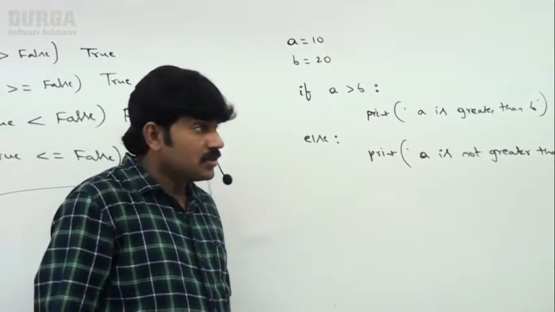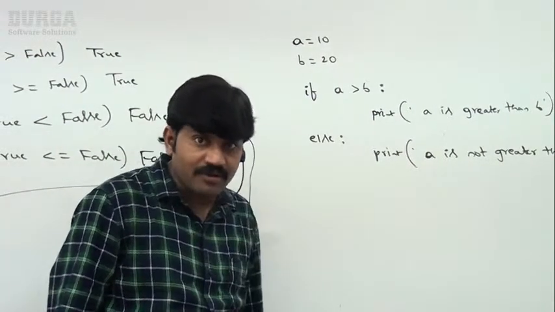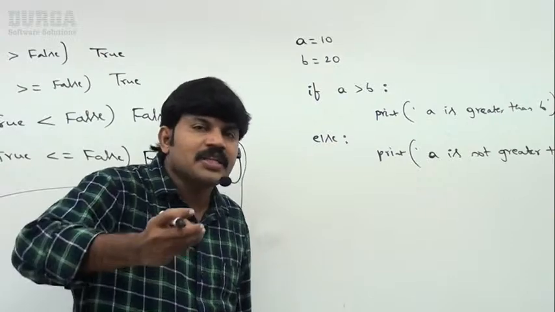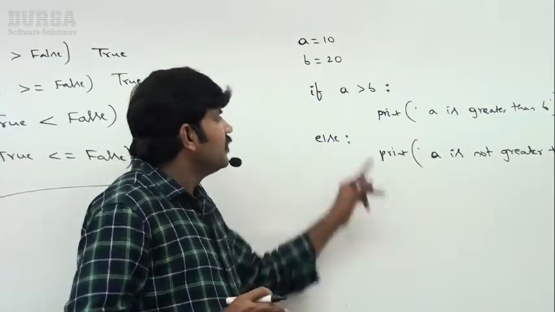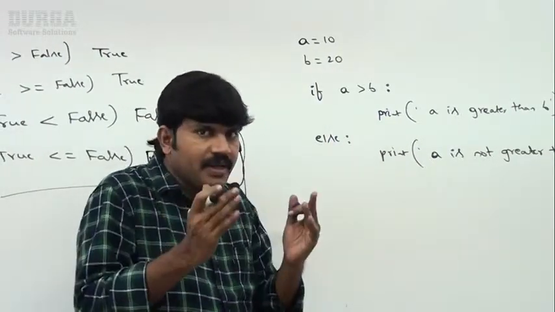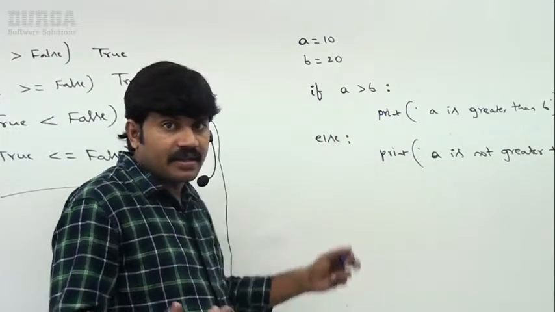Immediately you may have the doubt, sir, what about if else? Not yet covered. You just have to get used to this type of syntax also. Prepare mentally. Next we are going to discuss this in detail.